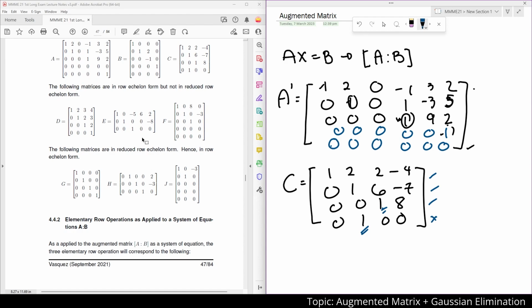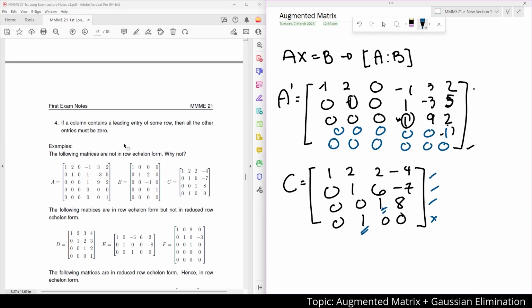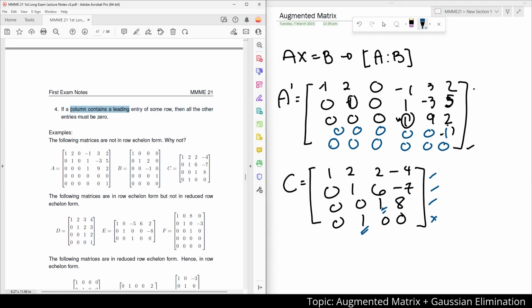But this is not in reduced row echelon form because it does not satisfy condition 4, in which if a column consists a leading entry of some row, then all the other entries must be 0. So if we look at all of the leading entries, 1, 2, 3, 4, for letter D, itong nasa diagonal natin, this one, this one, this one, and this one.